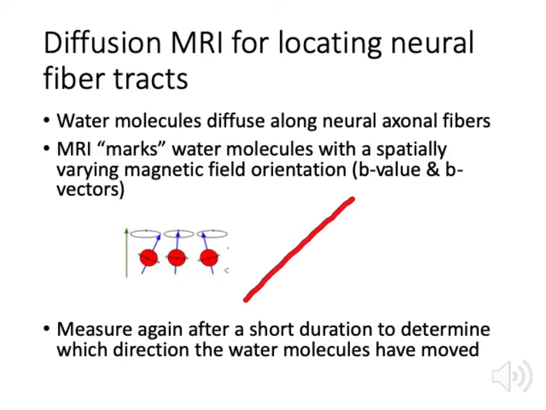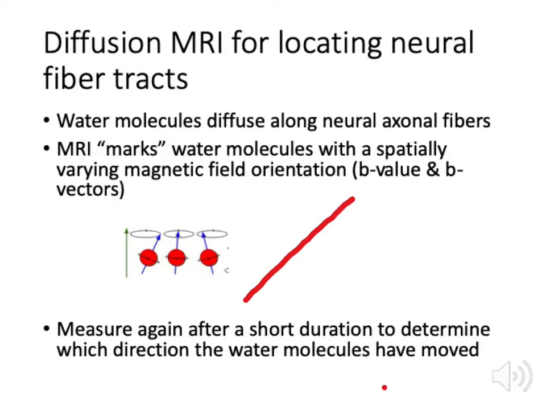And this is the reason why we have something called a B value and a B vector. So in the MRI system, the B value refers to the degree at which we tip this blue arrow as a function of space in the brain, and the B vector refers to all the possible directions in which we assess the diffusion of the water molecules.